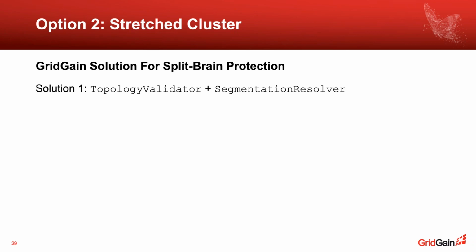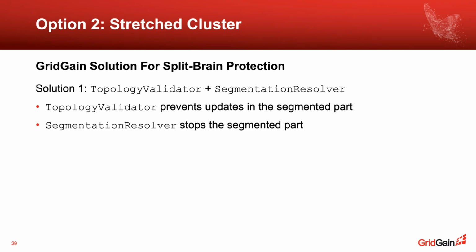First is a combination of topology validator and segmentation resolver, which, when combined, both prevent updates in one of the segmented parts and eventually stop the segmented part, avoiding the disastrous consequences of a split brain. And topology validator is part of Apache Ignite, but segmentation resolver is part of GridGain Enterprise Edition.